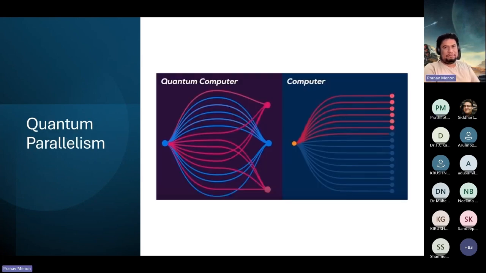And quantum parallelism, yeah, I didn't want to put any text in the slide because the best example is through looking at this picture. Let's say someone's trying to figure out probable paths for all the drivers on the road in a city to get to the destination effectively.